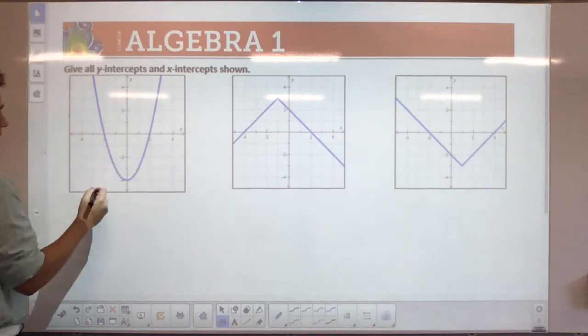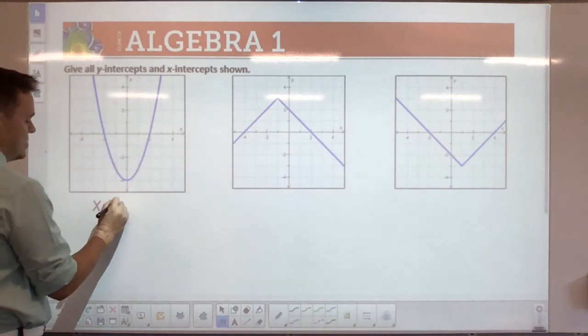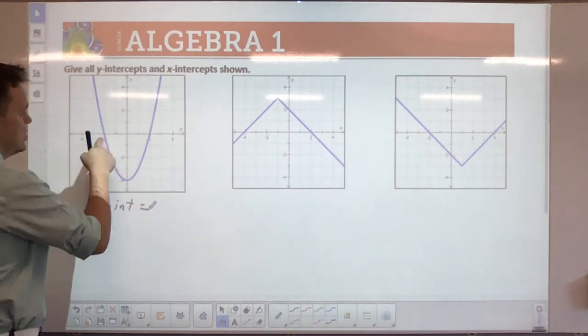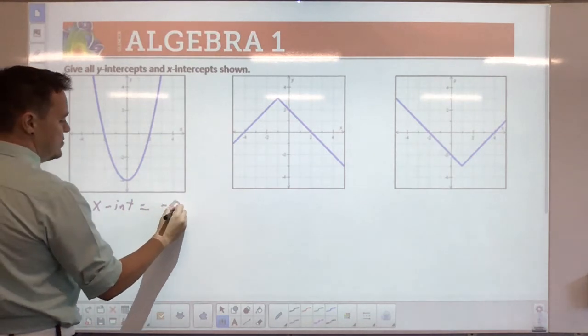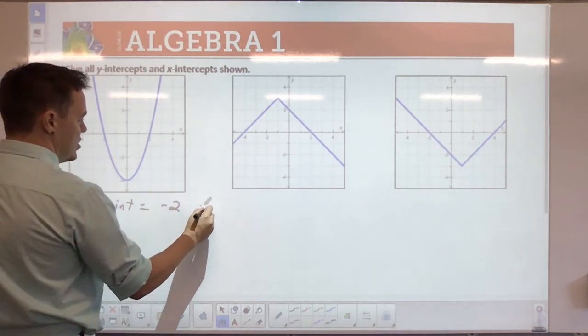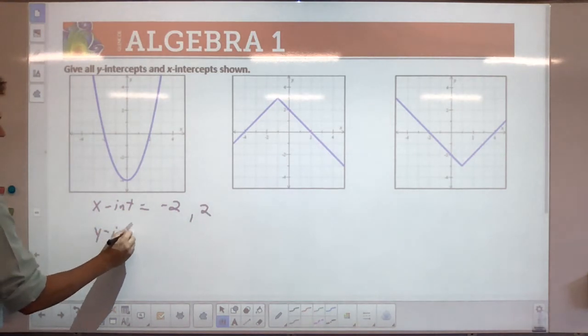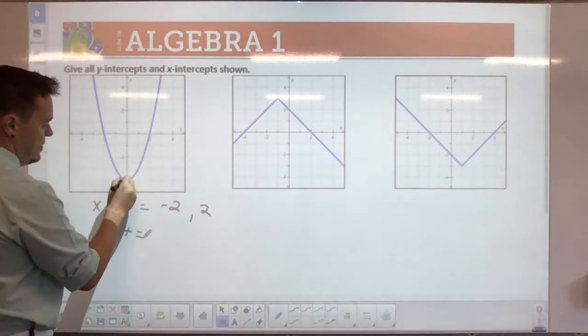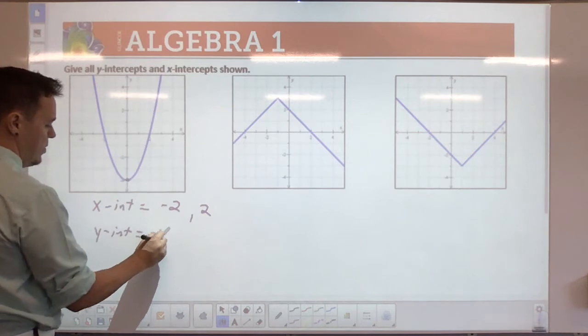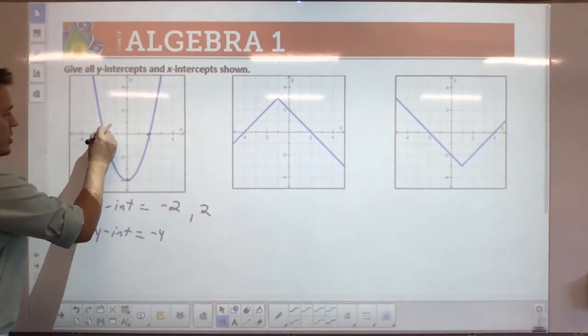All right, so my x-intercepts are -2 and also 2. And then my y-intercept is -4, right? Right here, -4. Understand what you're looking at.